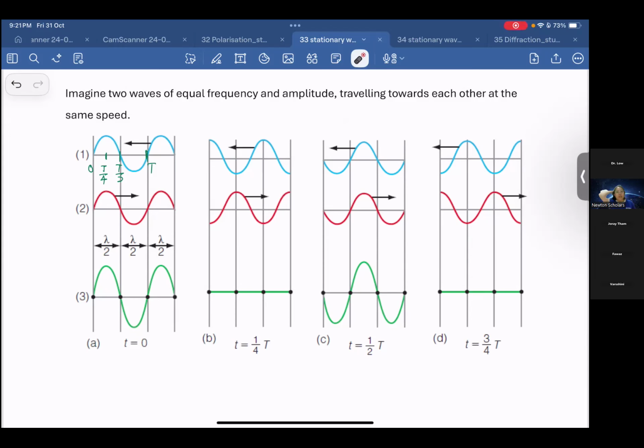Correct, the answer is 1.5 T. One complete T means the pattern will go back to the original position. So it's already repeating. So the important thing is we need to think about 0.5 T. So how is your pattern after 0.5 T? What do you guys think? Will it get exactly the same wave, which is zero phase difference?